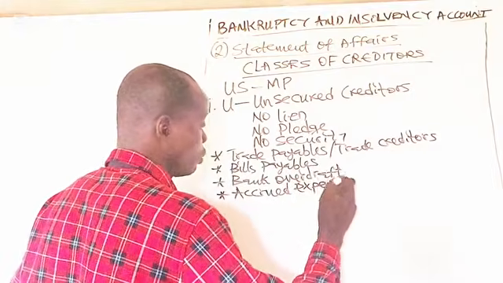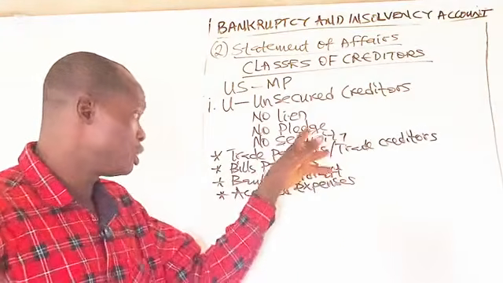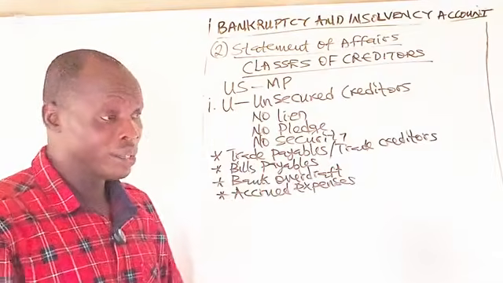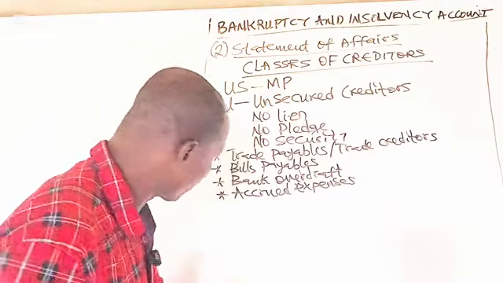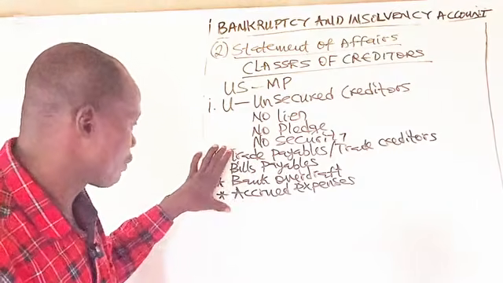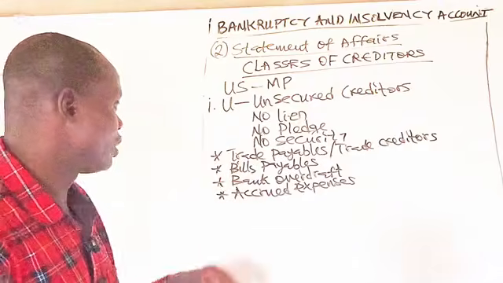So when you are given a question, you check if there are security used for any of these. If there are no security for them, if there are no collateral for them, you know that you are going to classify them as unsecured creditors. That is first letter U.